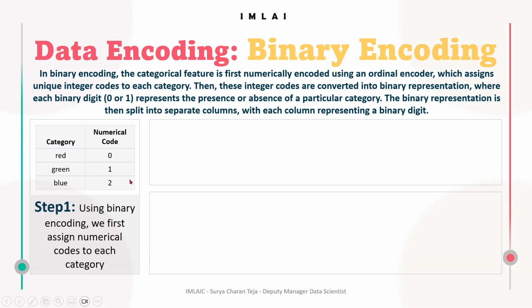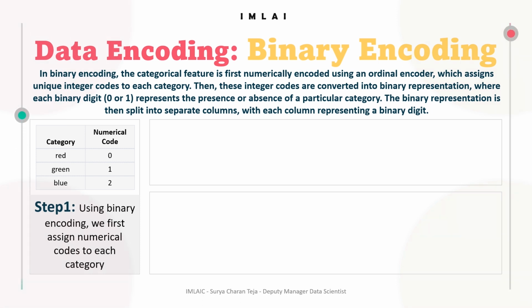You just give a numerical value. Of course, here there is no order; you are simply assigning the numeric values 0, 1, 2. So the first step is to assign numerical codes to each category like this: red 0, green 1, blue 2. That's the first step.